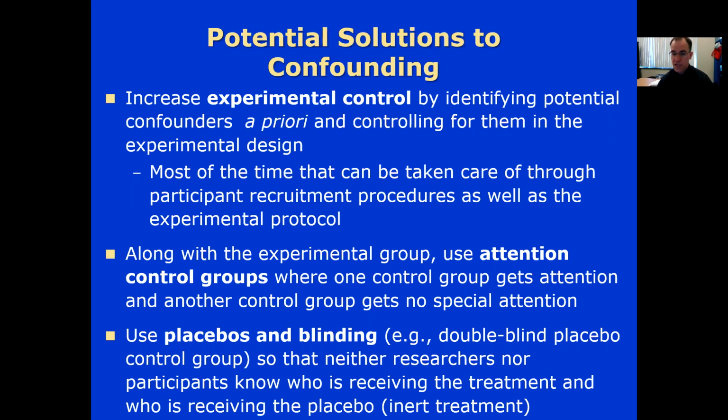In this case, the participants would both be taking a pill. One would be a sugar pill, and the other would be the actual intervention drug. But the participants would be unaware of who's getting the sugar pill and who's getting the drug itself. And likewise, the investigators would not know who was in the control group and who was in the drug group.